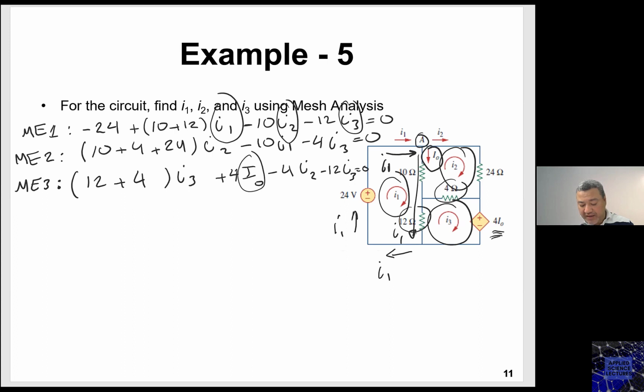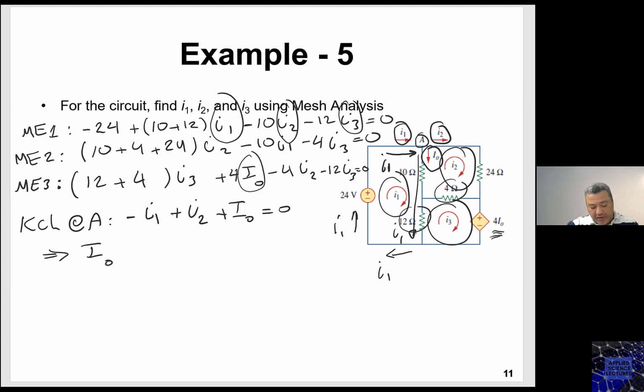I can write a KCL equation at A to find the relationship between my I naught and those mesh currents I1 and I2. So KCL at A: I have my small I1 entering, I have my small I2 leaving, I have my I naught leaving, equals 0, and then I naught is I1 minus I2.